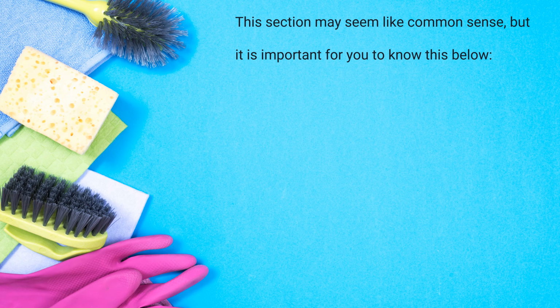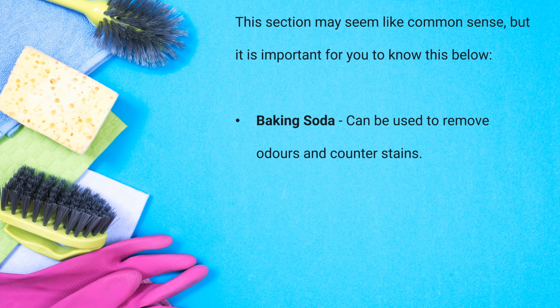So let's go over just some of the most basic ones that I did see in your book that you do need to know about. So baking soda. Baking soda, as you know, removes odors and counter stains. You can even get the baking soda that you put in the fridge to remove the fridge odors. So what is the purpose? It's to remove odors.